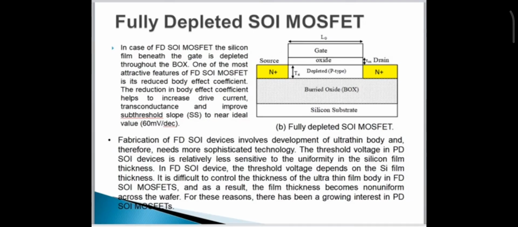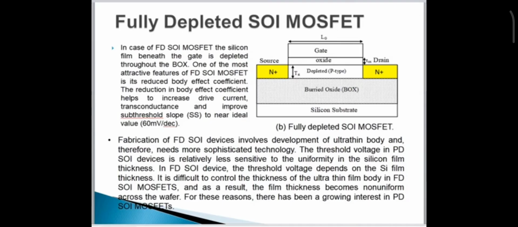In the fully depleted SOI device, the threshold voltage depends on the silicon film thickness. It is difficult to control the thickness of the ultra-thin film body in fully depleted SOI MOSFET, and as a result, the film thickness becomes non-uniform across the wafer. For this reason, there has been a growing interest in the partially depleted SOI MOSFET.